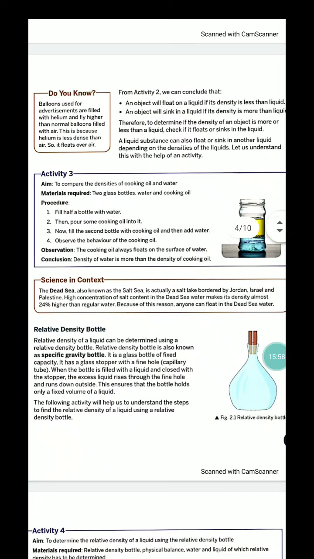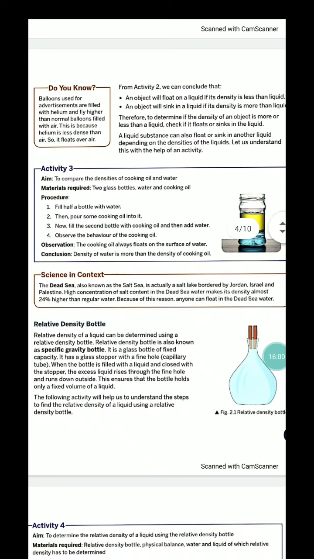Nothing will sink in it. Any person will not sink in it, whether he knows how to float or not, he will float there, because the relative density of the water is more than normal water. How much percentage? 24% higher than regular water.